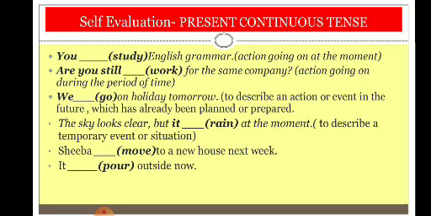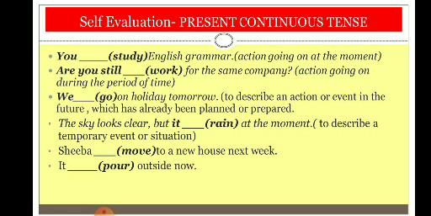Or you still dash work for the same company. An action going on during the period of time. We dash on holiday tomorrow, to describe an action or event in the future which has already been planned or prepared. The sky looks clear, but it dash at the moment.